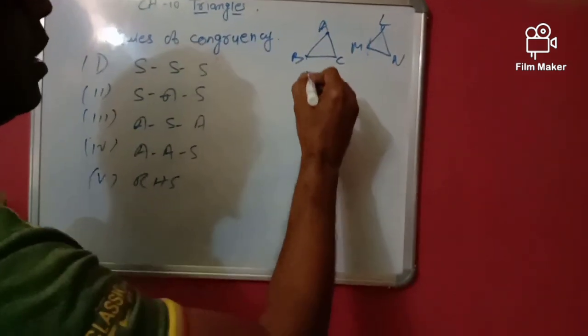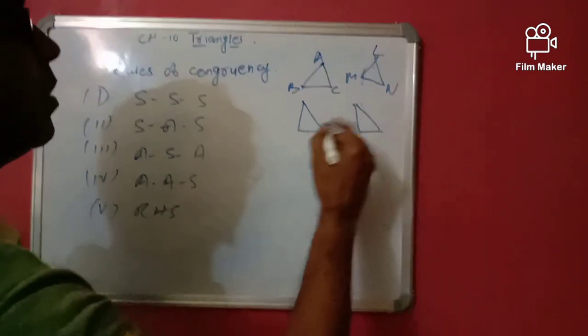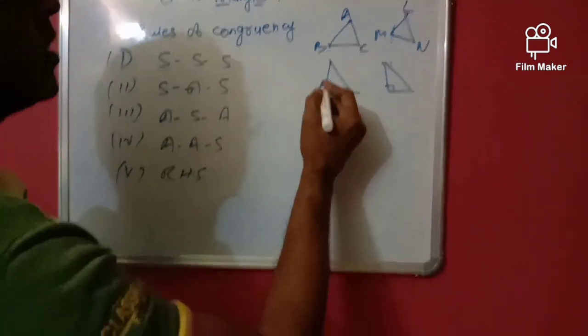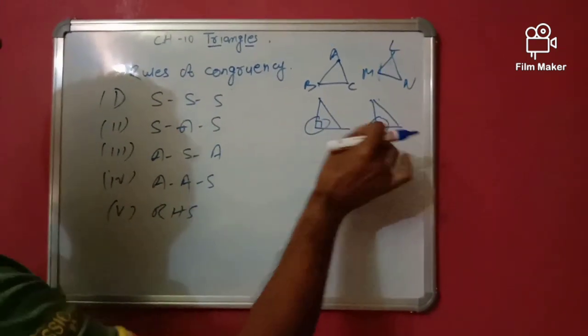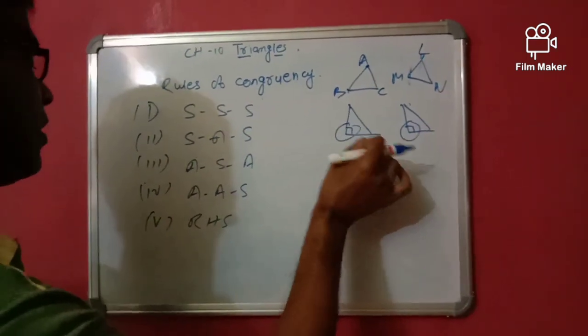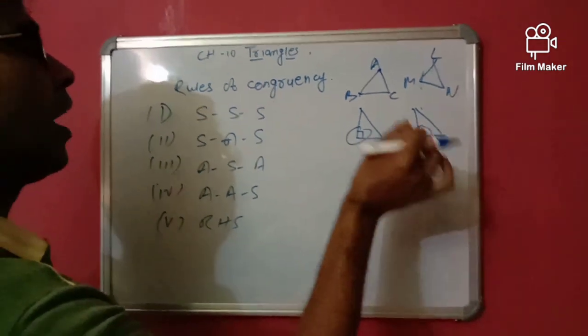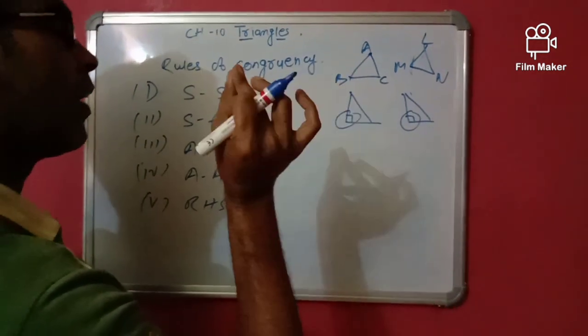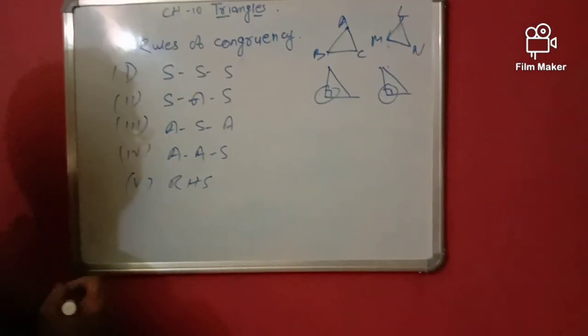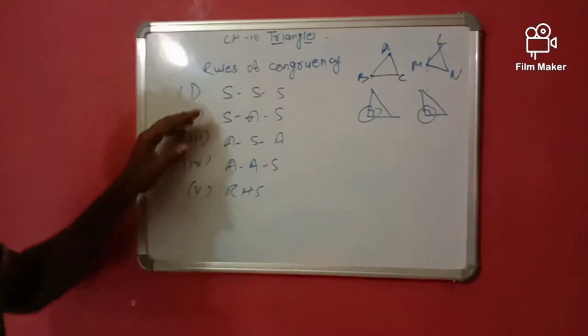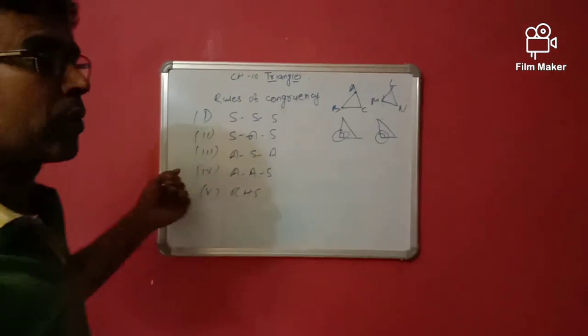Now right angle hypotenuse: if two triangles have a 90 degree angle, and the hypotenuse and one side are equal, then we say the given triangles are in right hypotenuse condition. According to these 5 conditions of congruency, we can solve many sums.